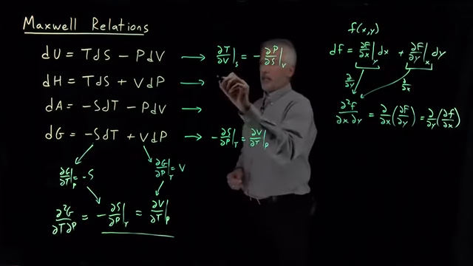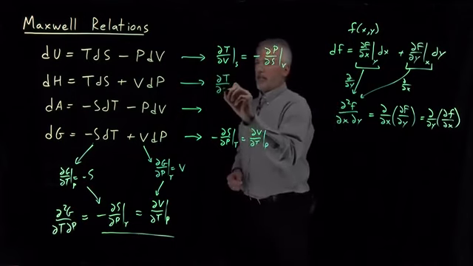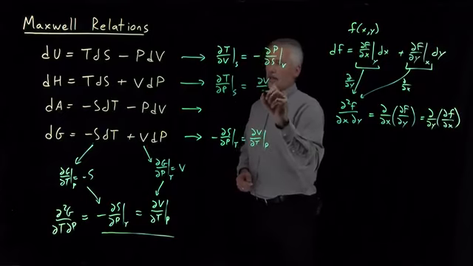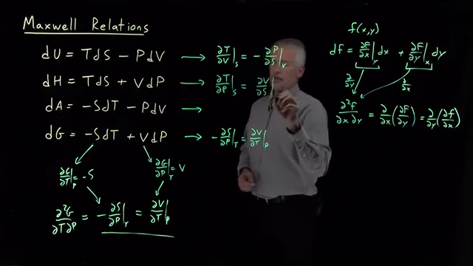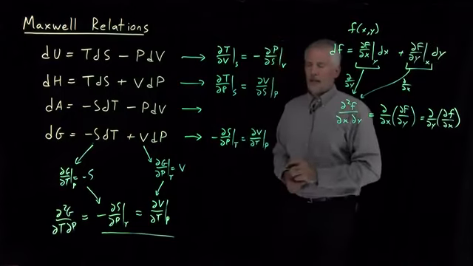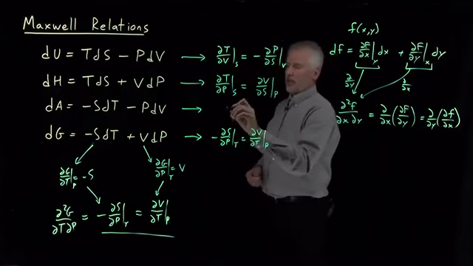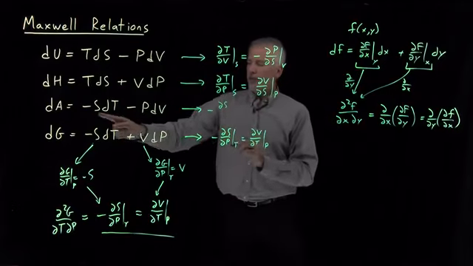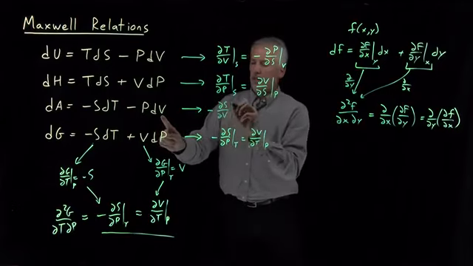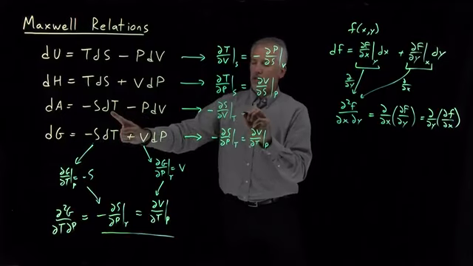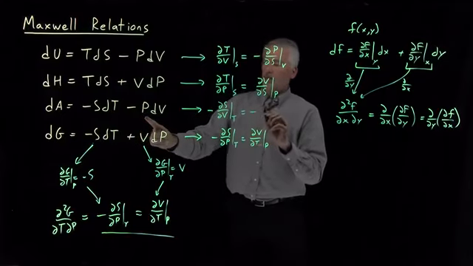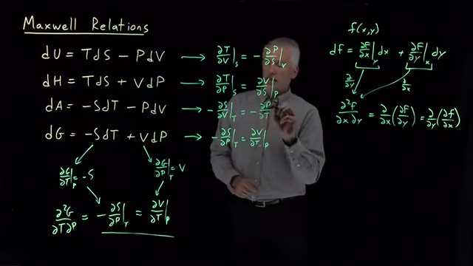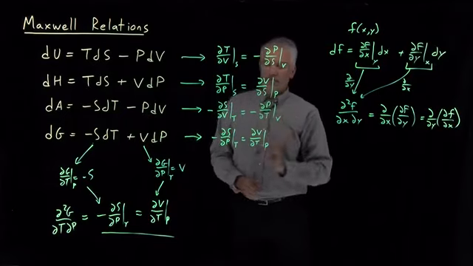Enthalpy tells me that dT dP at constant S is equal to dV dS at constant P. And the Helmholtz free energy tells me negative derivative of S with respect to V at constant T is equal to negative derivative of P with respect to T at constant V.